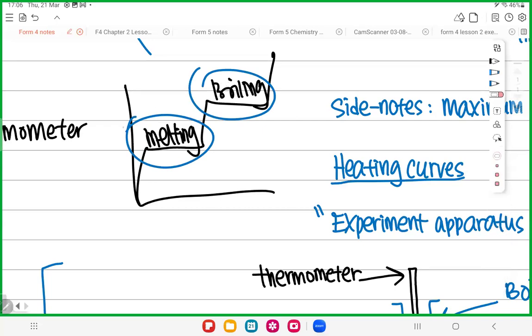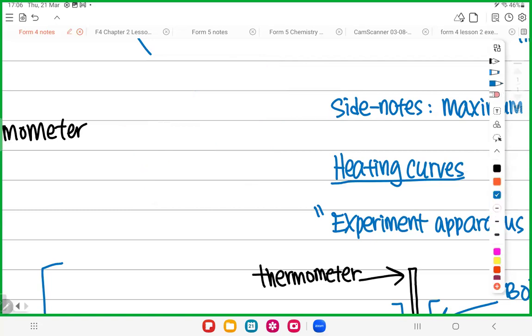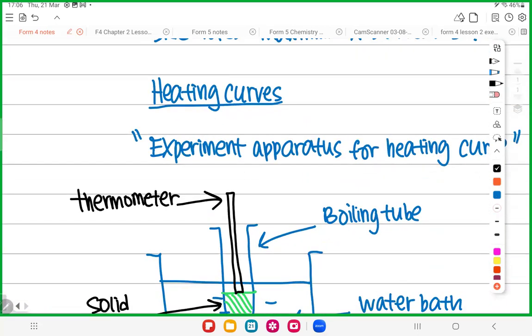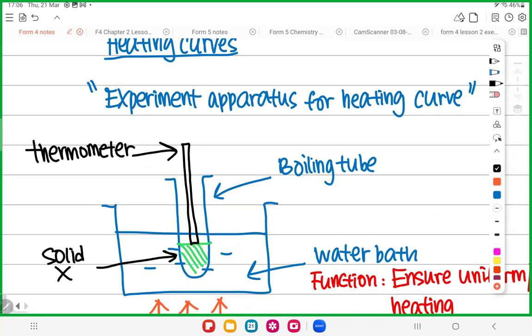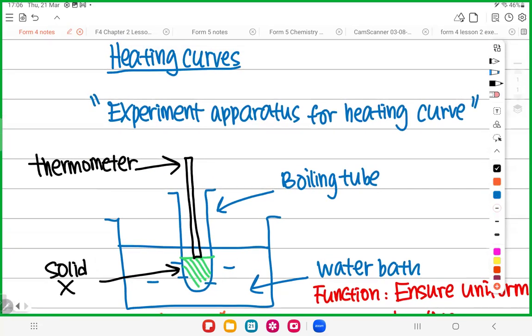What else do we need to know? We also need to know how to carry out the experiment for the heating curve. When you carry out the experiment for a heating curve, we are doing indirect heating.